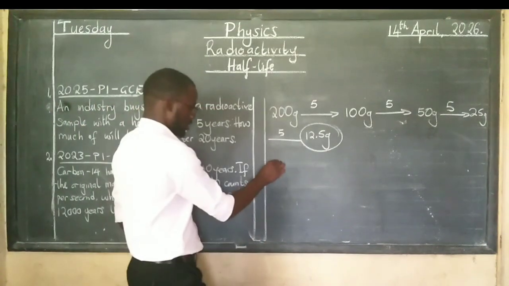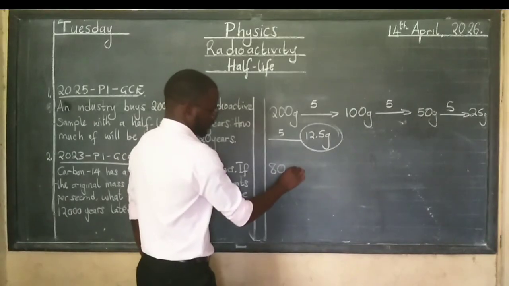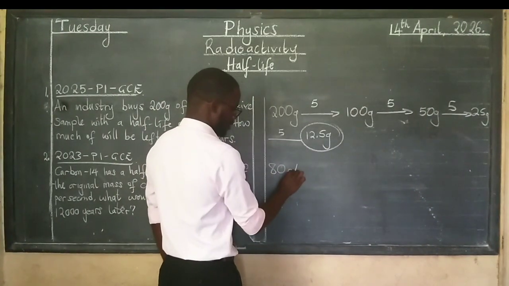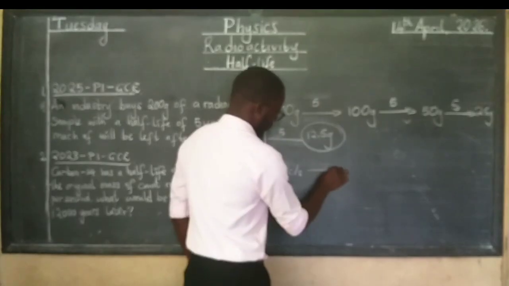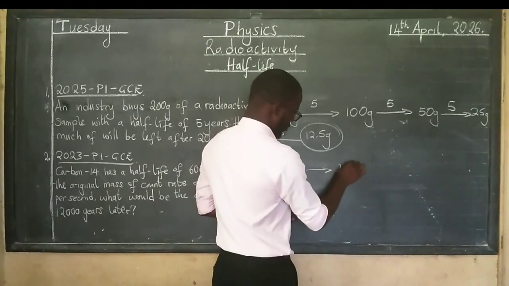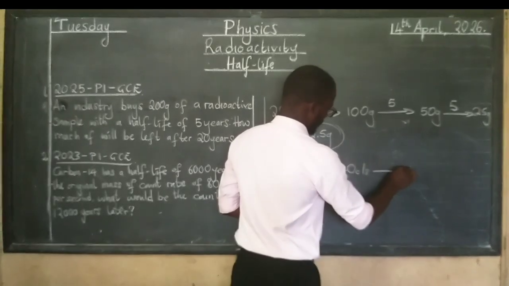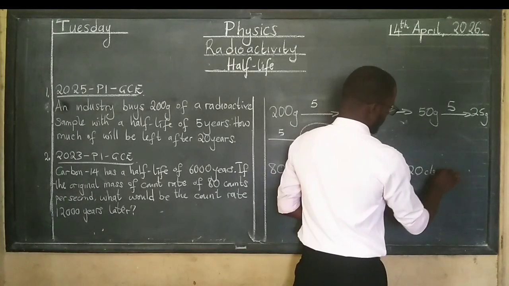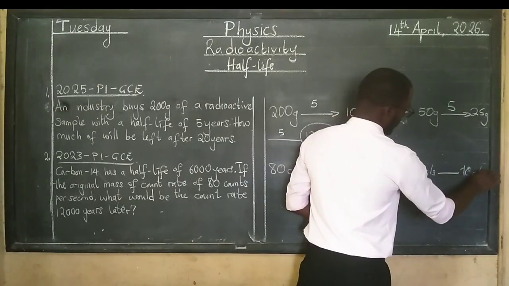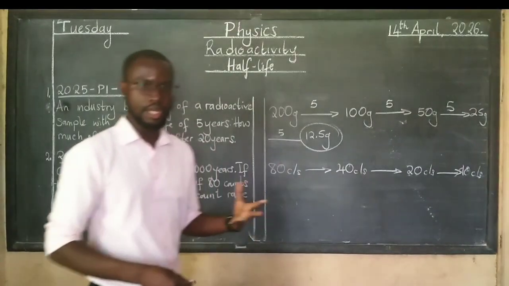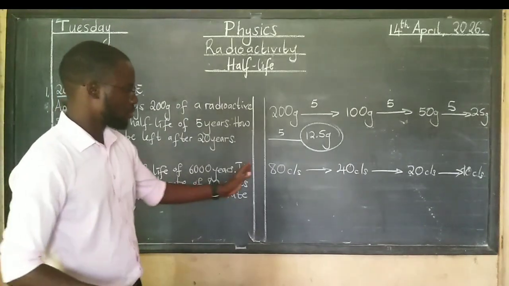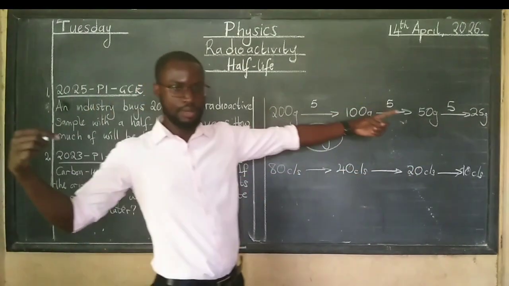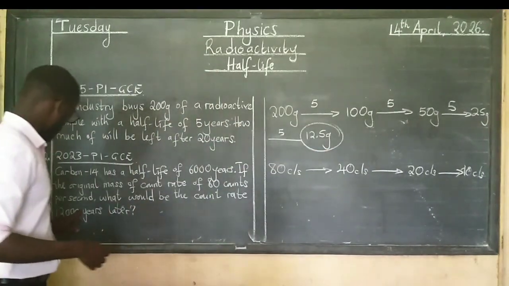So we just take 80 CR, for count rate, or counts per second, /s. Halving this will be 40 CS, then 20 CS, then 10 CS. If you don't write enough of this, the years will show whether you are supposed to make it a bit longer. So what is the count rate?